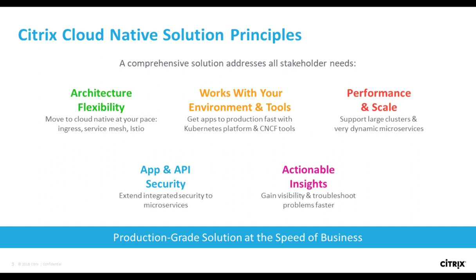You should be able to load balance among various microservices pretty quickly. Security is paramount. We are living in an application and API economy, and you have to extend your security to microservices-based applications. And it has to be deeply integrated into your microservices-based application delivery.